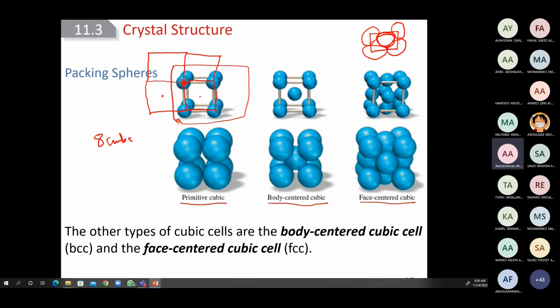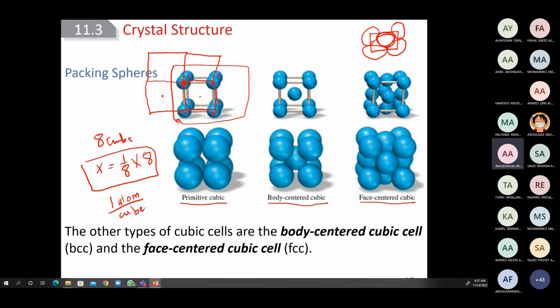So this x is giving 1/8 to each cube. So it's 1/8 times 8, because we have 8 atoms: 1, 2, 3, 4, 5, 6, 7, 8 times 1/8. There will be 1 atom per cube. Clear?